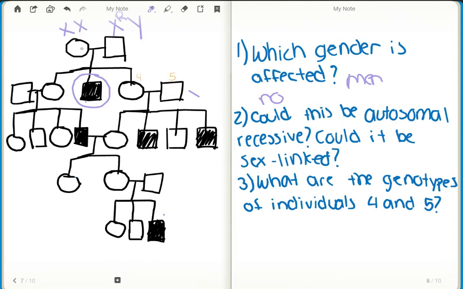And now the mother, as she is not affected but gives birth to an affected offspring, she must be a carrier for the trait. So she is heterozygous, making this son have the trait.